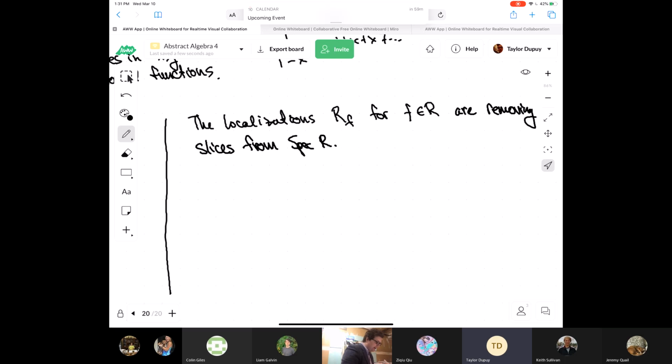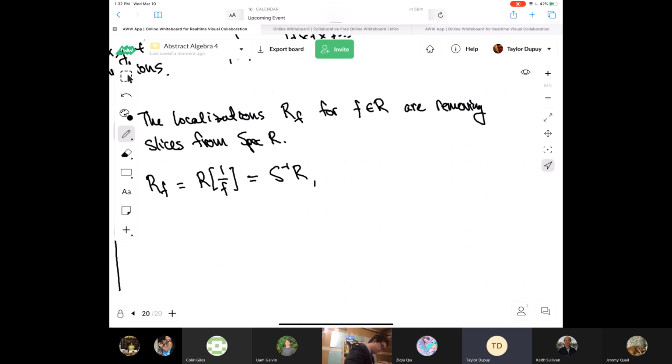You don't want your denominator to be 0. So R_f, I want to remind you, is R[1/f], which is S inverse R, where S is the multiplicative set 1, f, f squared, f cubed, and so on.